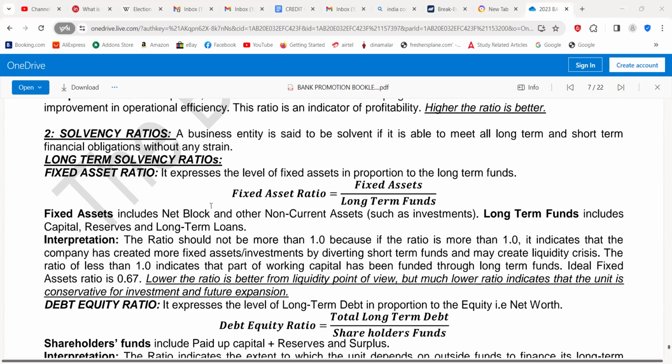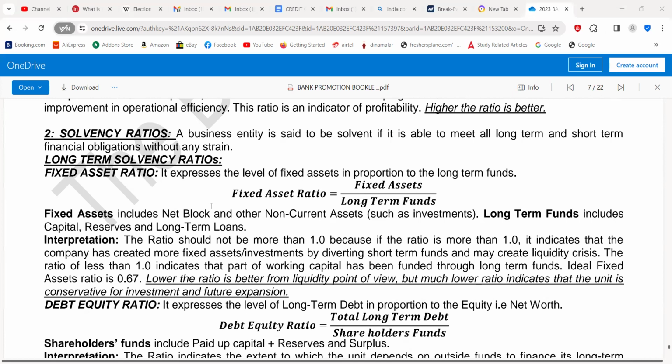The ratio of less than 1 indicates that a part of the working capital has been funded through long-term funds. If it is going to be less than 1, it means part of the working capital has been funded through long-term funds. The ideal fixed ratio is 0.67.